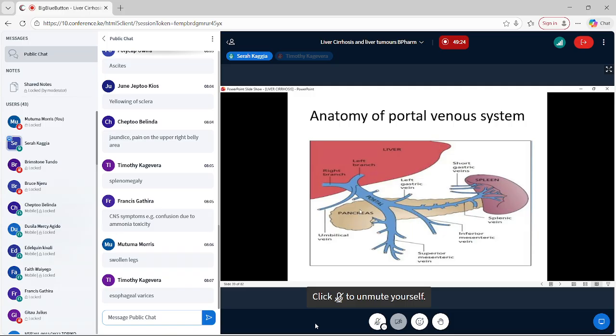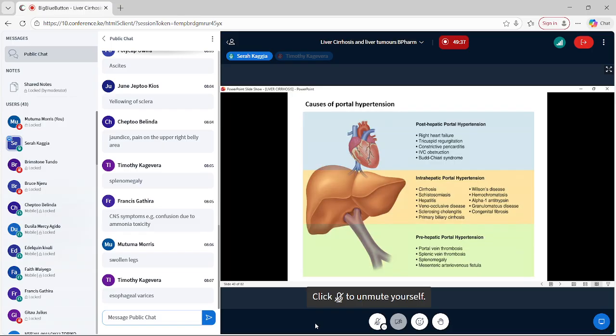It could be things within the liver itself causing high portal pressure, or it could be things after the liver, things within the heart. That's how you look at the etiology, which is my slide here, the causes of portal hypertension.